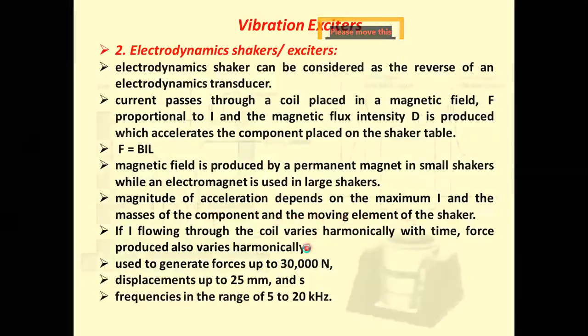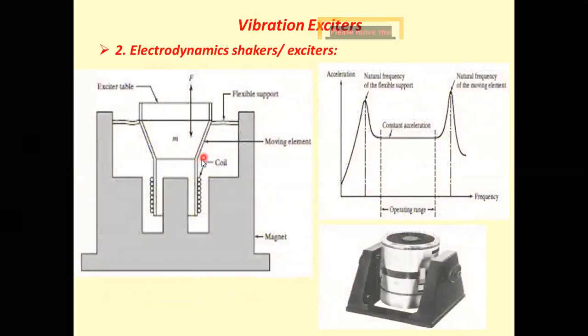So it depends on I, the current flowing through this coil. Then it depends on the masses of the components, so exciting cable, flexible support, all these masses, so this mass M. And it depends on the third component, which is the moving element of the shaker, so the mass of this moving element.